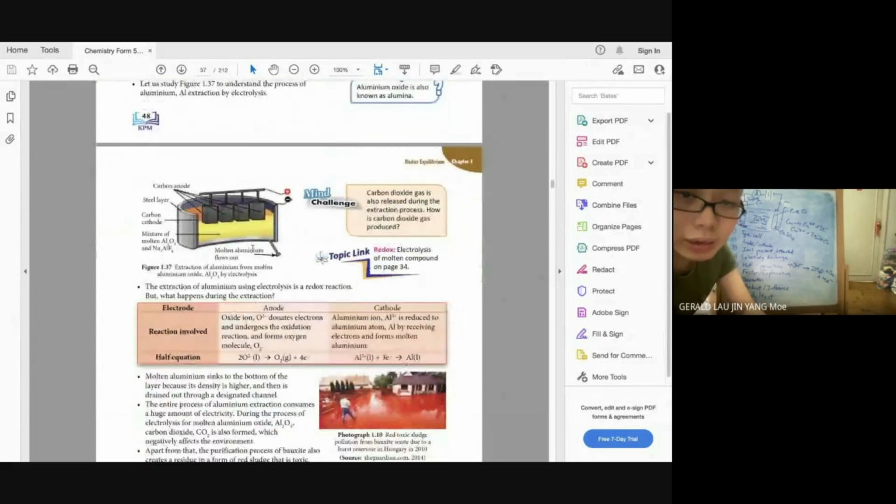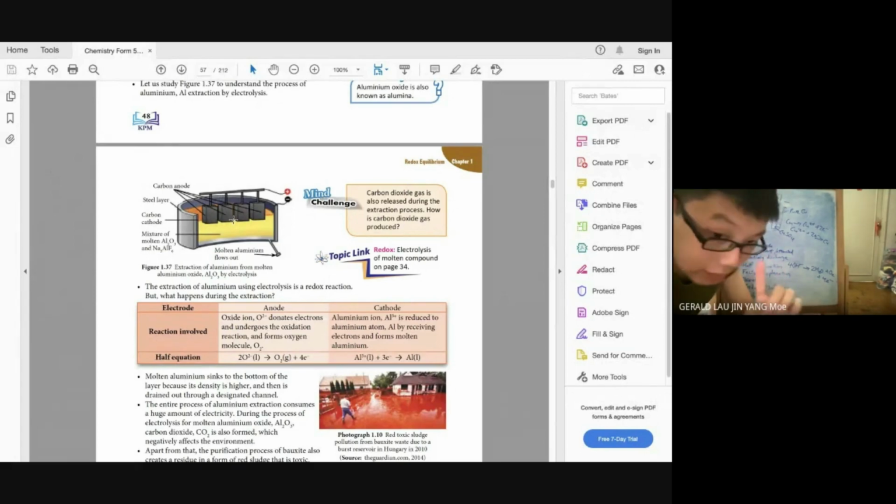So let's see how the mechanism works. Okay, the mixture here, the anode is on top, all that carbon. Cathode is the one at the walls, that carbon cathode layer. Okay, so molten aluminium will flow out. Okay, you see, aluminium is positive.